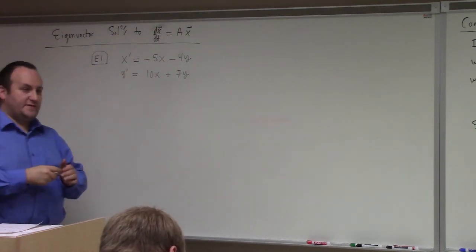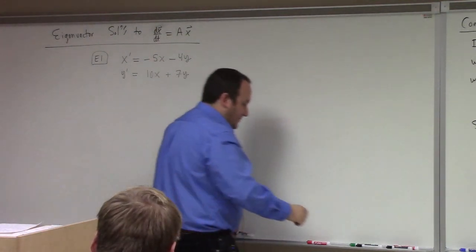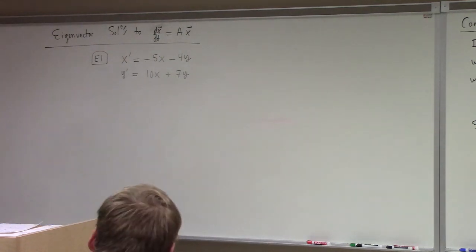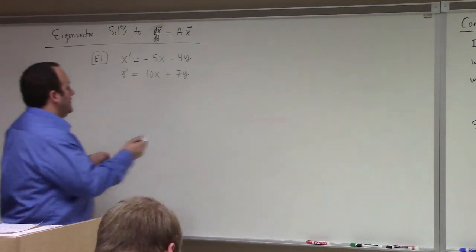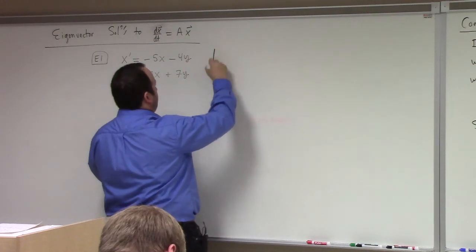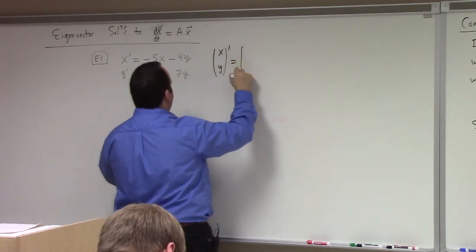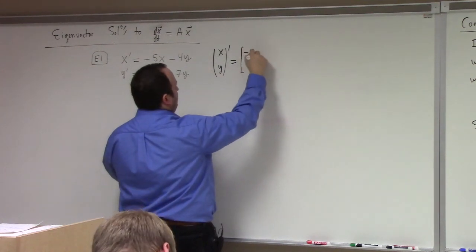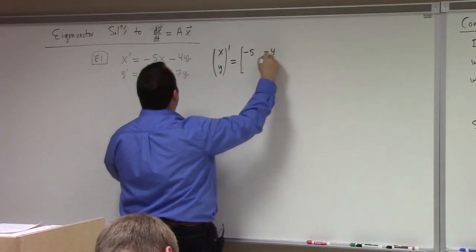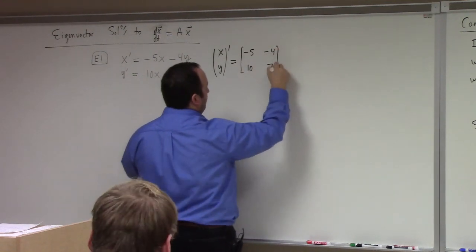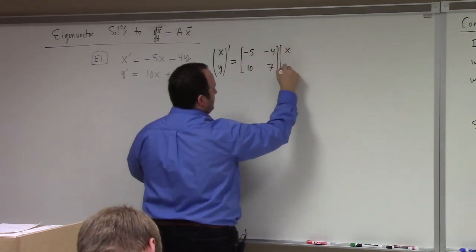All right, first order of business, we need to rewrite it as a matrix problem, right? So this is really x, y prime equals the matrix minus 5, minus 4, 10, and 7, times x, y.